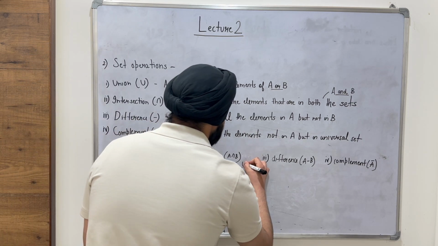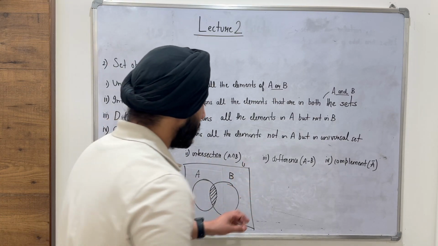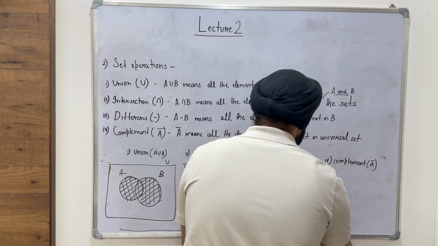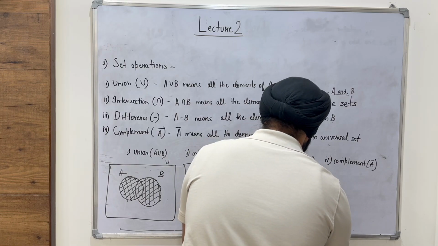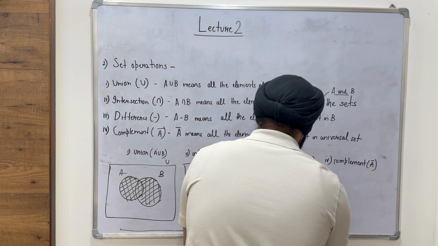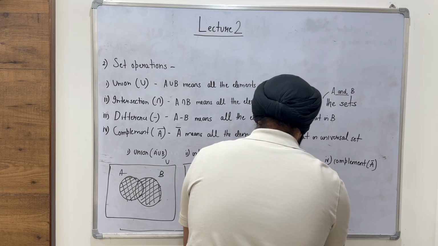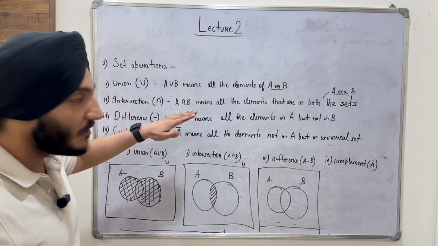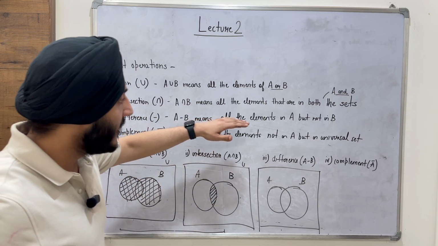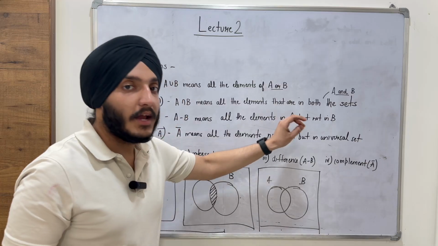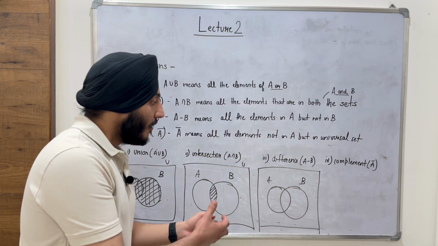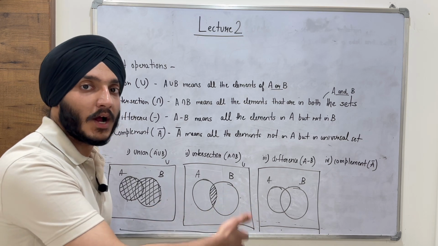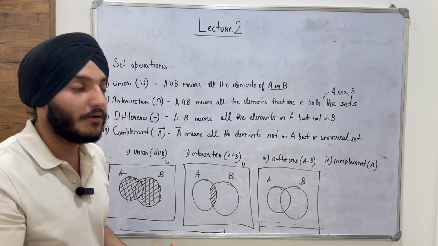Okay. Now let's try to understand the difference. According to the definition, just like we said, A minus B means all the elements in A but not in B. So we first see all the elements in A, compare with B, and pluck out all the elements that are in B over here.